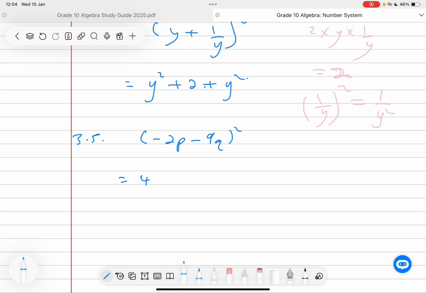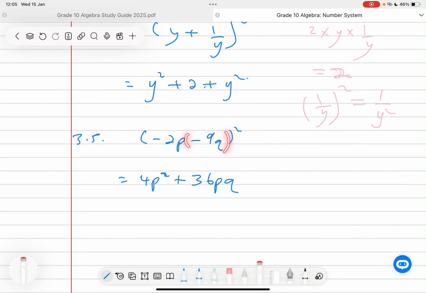Negative 2 squared will give me a 4, it will be positive, and then the p will be a p squared, right? Then we take 2, we multiply by negative 2, which is going to be a negative 4. We multiply by negative 9, it is going to be a positive 36. But we still have pq here, because I'm multiplying the negative 2, the 9, and I'm also multiplying the p and the q, so I still have the pq there.